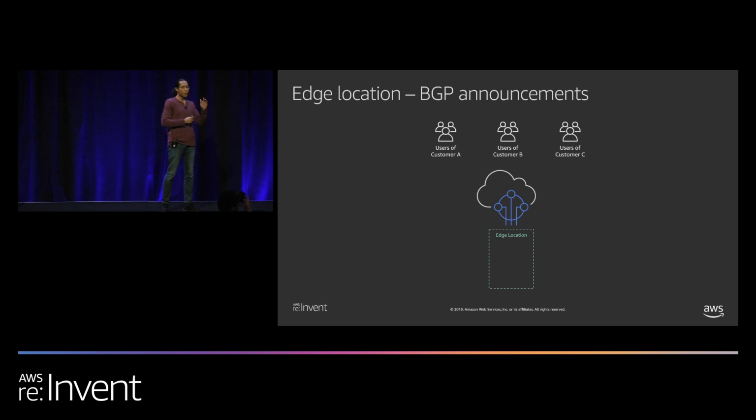We have peering connections, we have links with transit providers, and we're announcing our own IP ranges, saying, hey provider, if you see a packet on the wire destined for an address within this prefix, go ahead and send it my way. And then a couple cities over, we'll have another edge location announcing the same routes out to the internet. If you see a packet on the wire destined for an address within this prefix, send it my way. Everyone's saying that. So what kinds of disruptions can happen in this case?